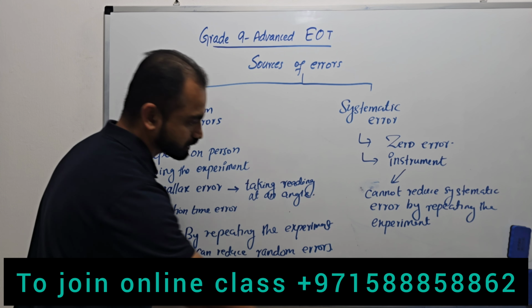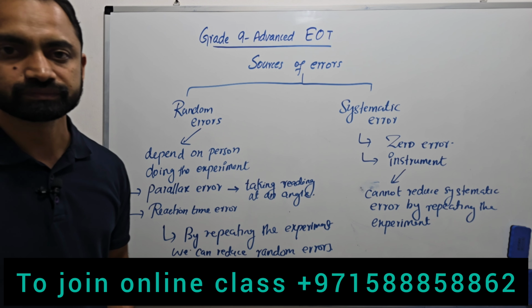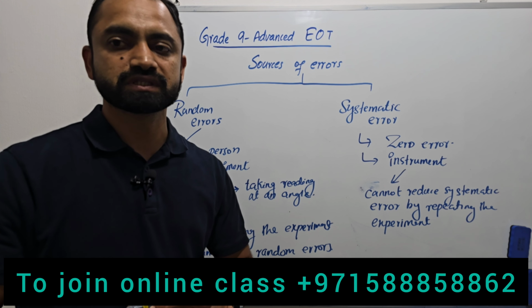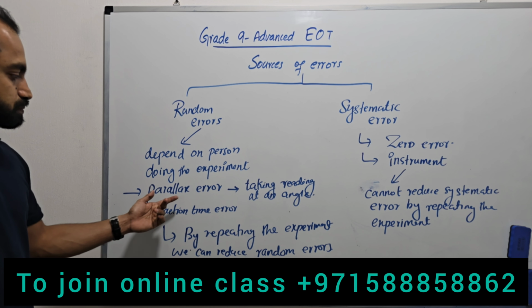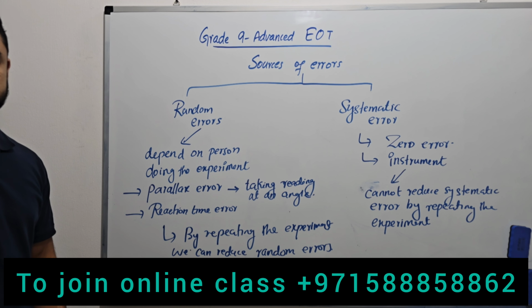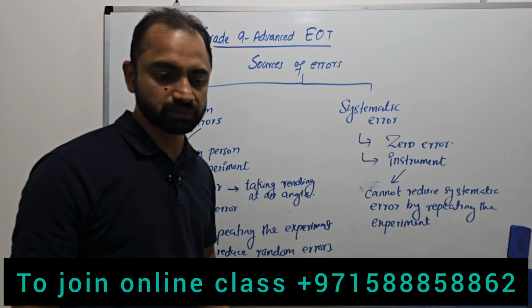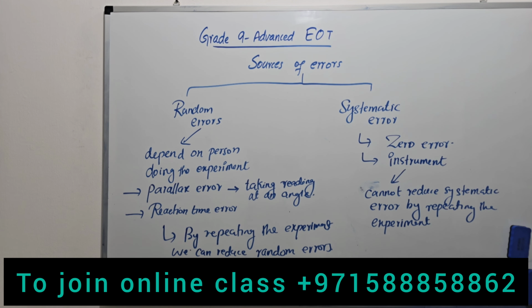Okay, students, what are the examples for random errors? Parallax error and reaction time error, right?